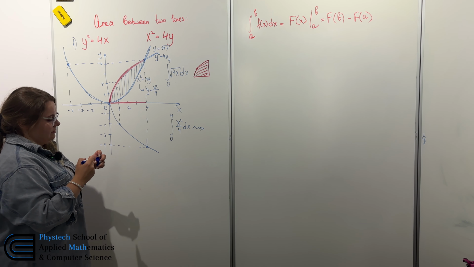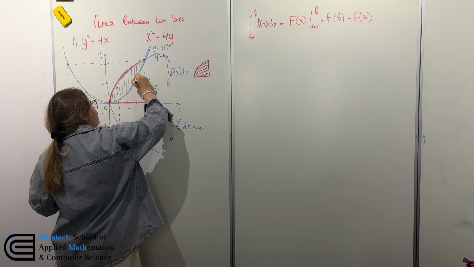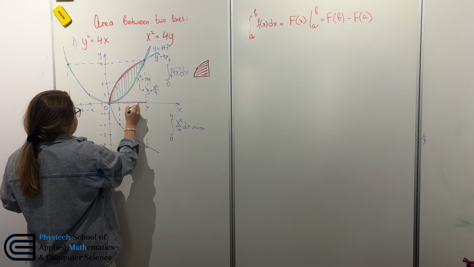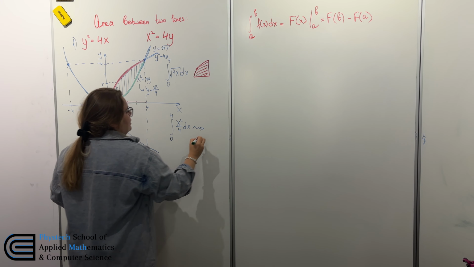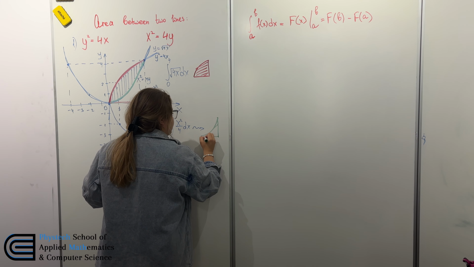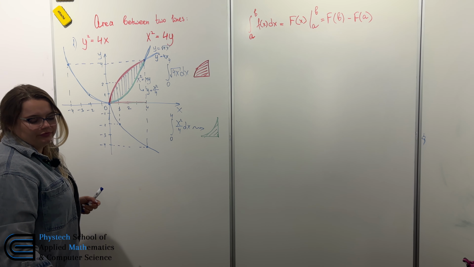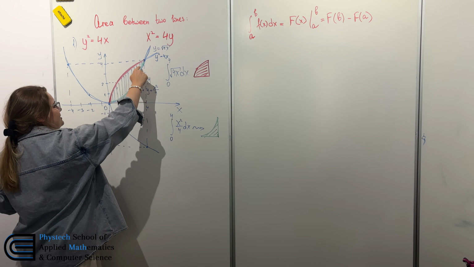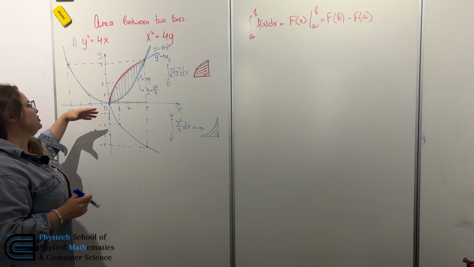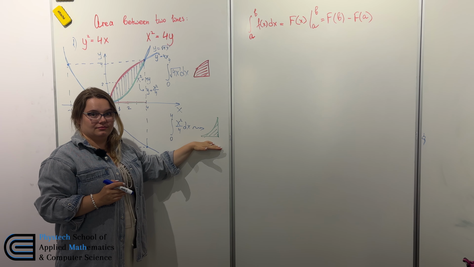We will obtain an area under this line until this line. So it will be this area, this one. And to find this area of this figure, we need to subtract from this area this one.